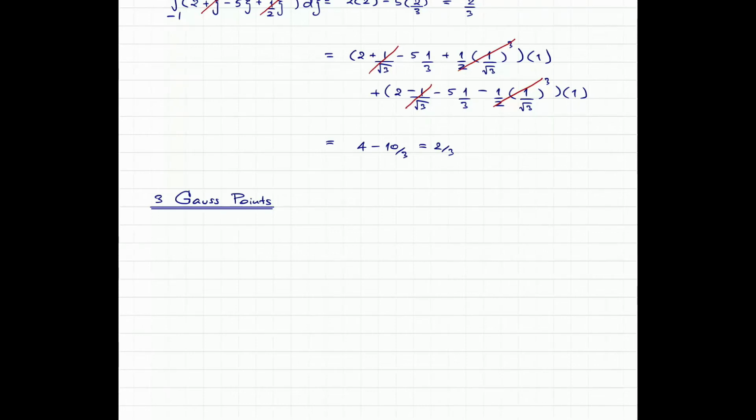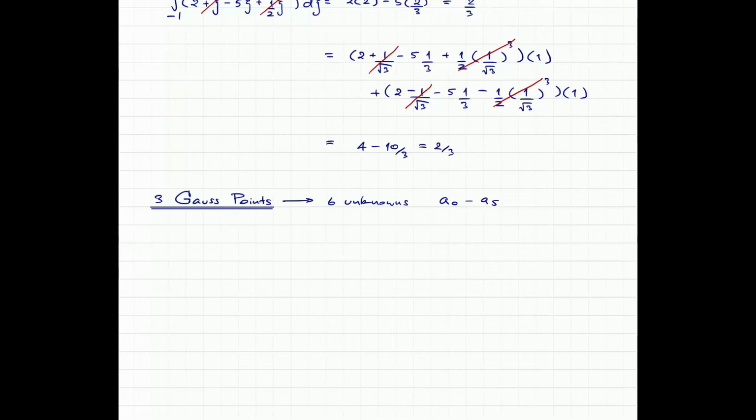Let me ask you, what is the highest order of polynomial that will be exactly evaluated by 3-point integration? How many unknowns do you have? 6 unknowns from 3 points, so you have A0 all the way to A subscript 5.